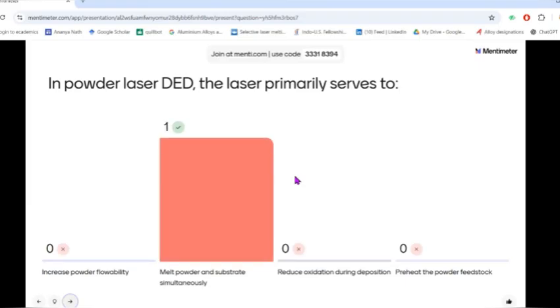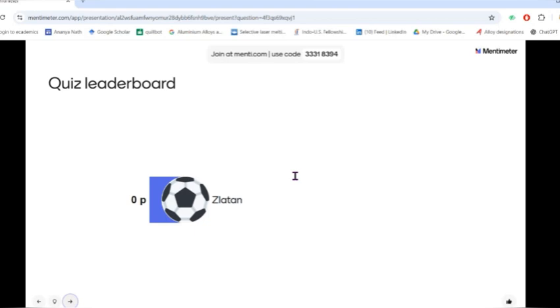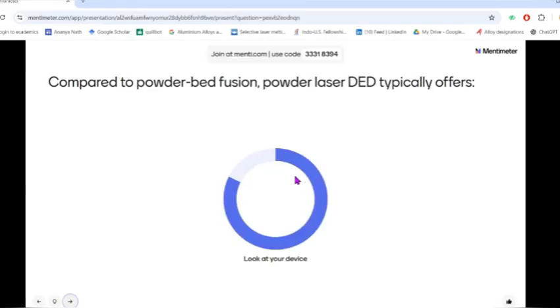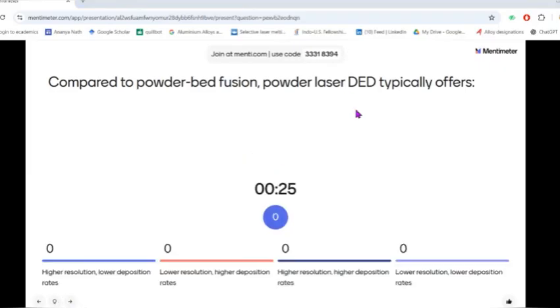Yes, to melt the powder and substrate simultaneously. So here comes our next question. Whoever has joined right now, you can go to menti.com in Google and use this code to join. It's a simple quiz. There are no marks related to it.